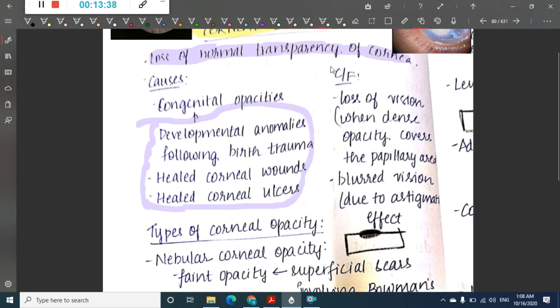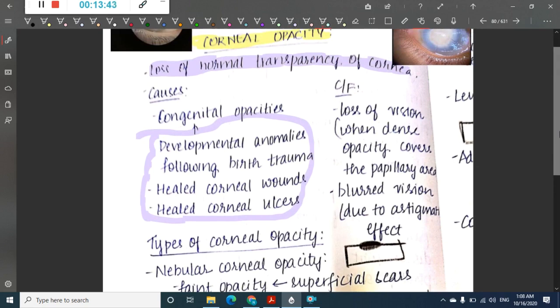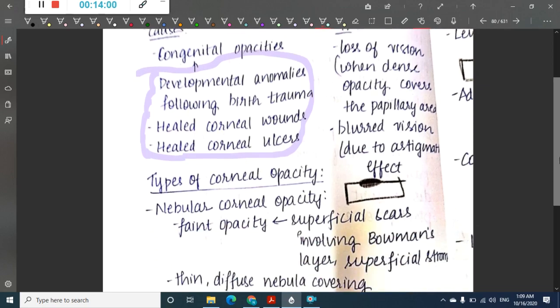All these will lead to corneal opacities. The main reason why we can see is the transparency of the cornea and the transparency of the lens. But if the cornea becomes opacified, then there is no proper vision, so there is loss of vision, and sometimes it is associated with blurred vision.